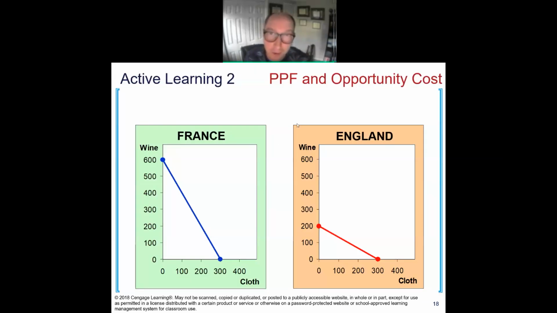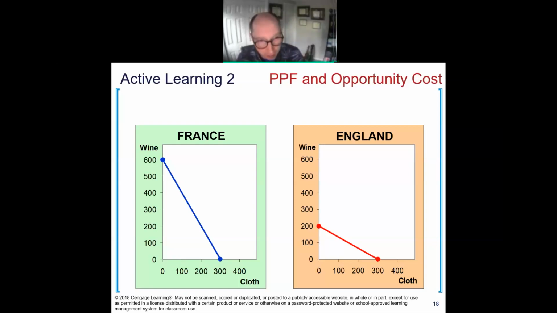So here's another example. We've got 2 countries here, France and England. They make both wine and clothing. These are our 2 products, wine and clothing. Yeah, France makes great wine, absolutely. Let's take a look here.